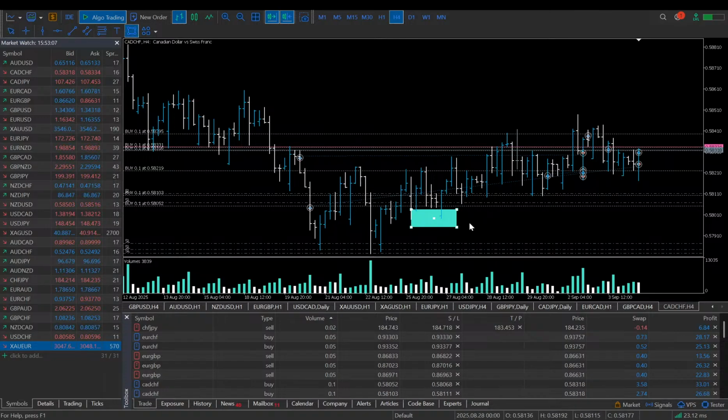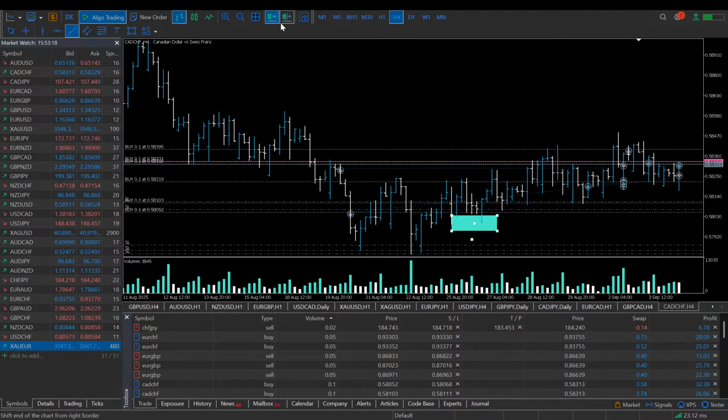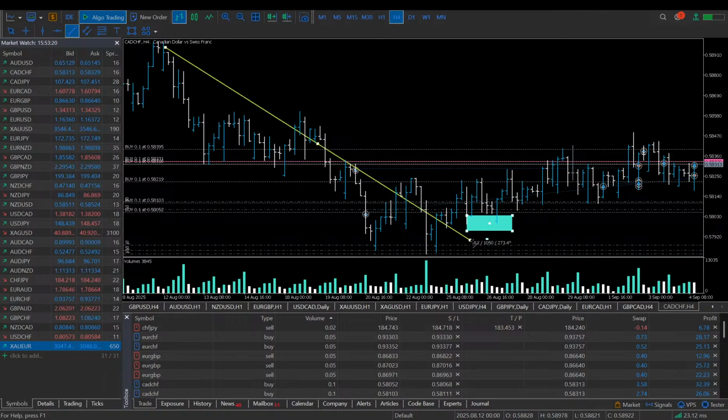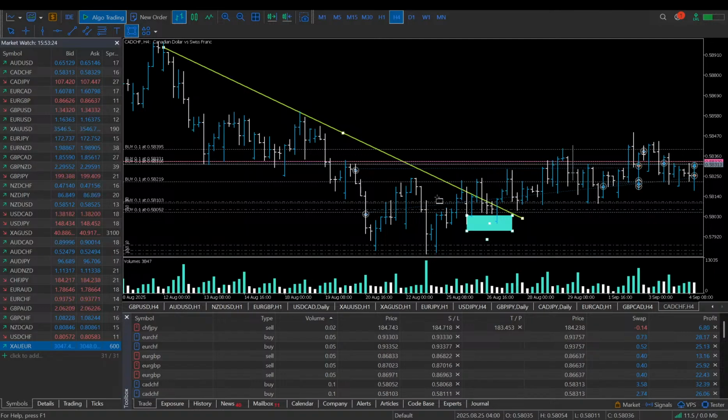It's all there. From this movement here, we have a channel down, right? But also notice here, it was ranging, and finally we started having a breakout coming back.